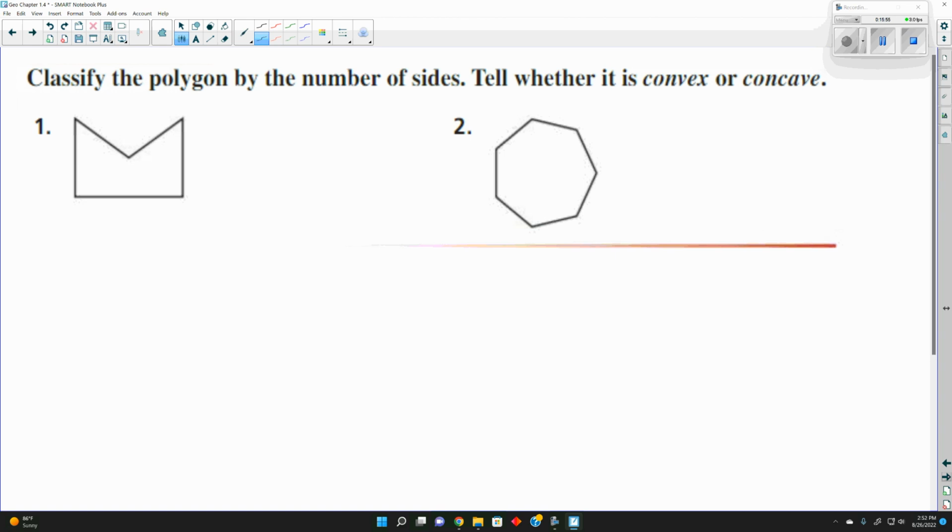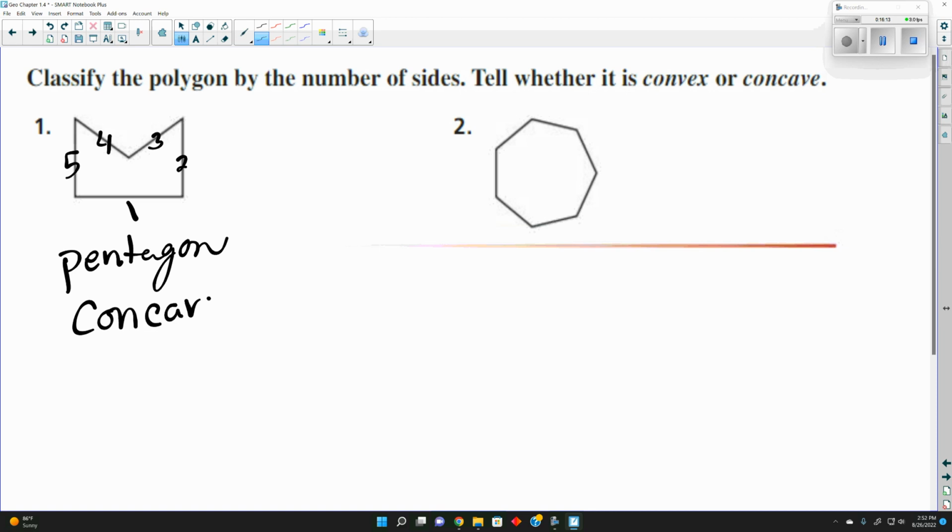So if we look at the first one, let's name it based off its sides. 1, 2, 3, 4, 5, so 5 is pentagon, and this would be concave, because really we can see one of the sides just caved in or caved out.